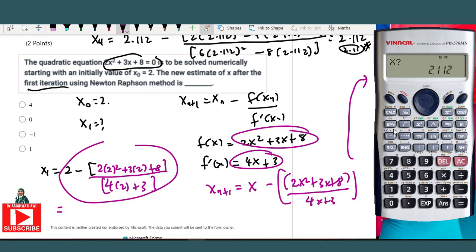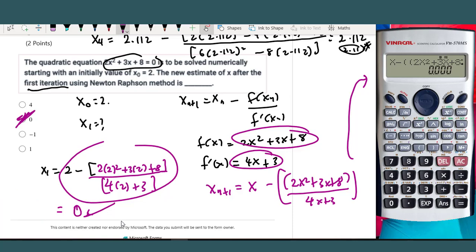X naught, the initial value, is 2, and the answer is 0. Double check, make sure to double check. That's 0. This is the option, so this is the answer. Or check manually to get x equal to 0. So that's all for the quiz.